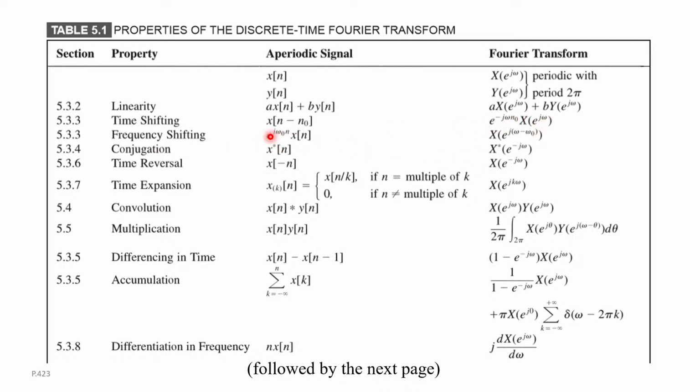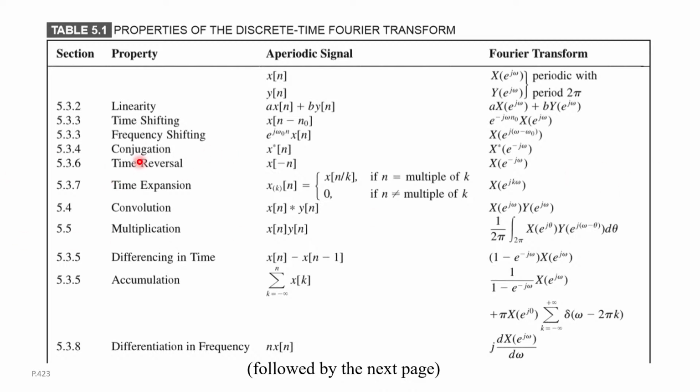Frequency shifting, you get plus jω0n. And then conjugation, just like the continuous case, you get conjugation and negation in frequency. And also time reversal gives you frequency reversal.